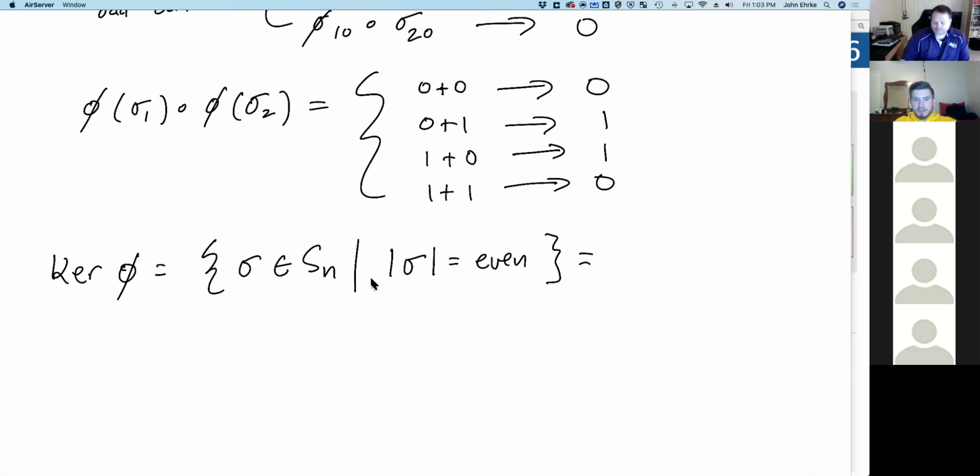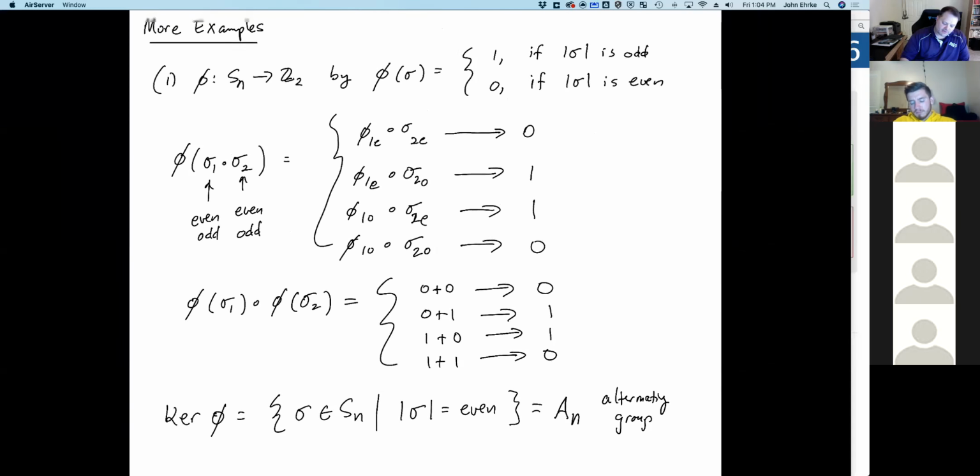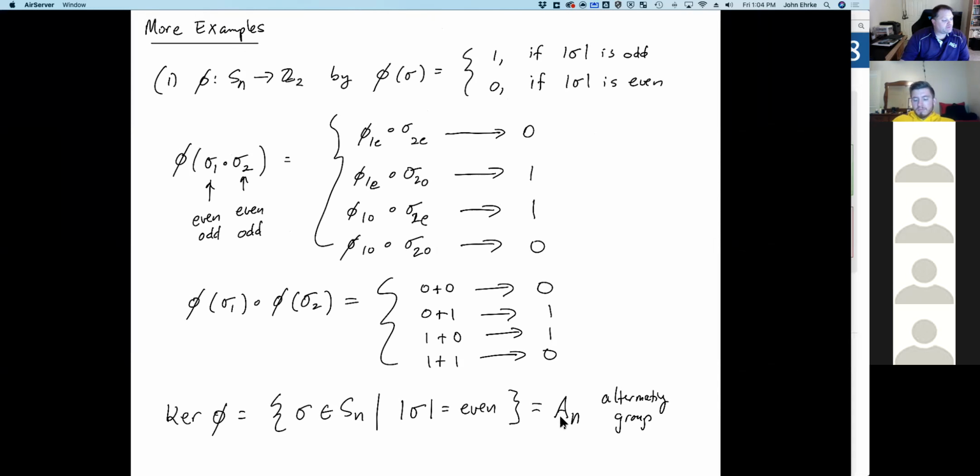The alternating group An. So it turns out that the alternating group An is the kernel of the parity homomorphism. So if you put a parity homomorphism on the group of permutations of n elements, you get the alternating group for n elements. The even ones get sent to 0.